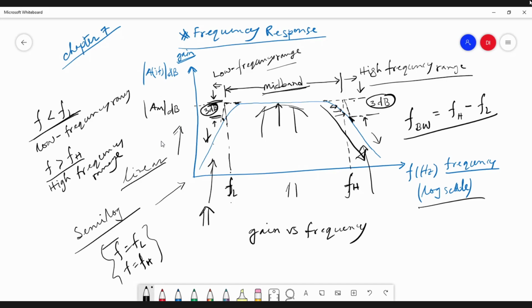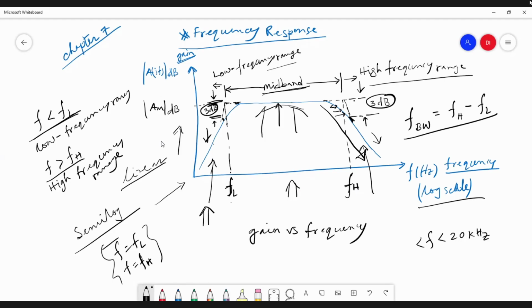So what if we consider the example of an audio amplifier? We know the audio frequency range is greater than 20 hertz and less than 20 kilohertz.